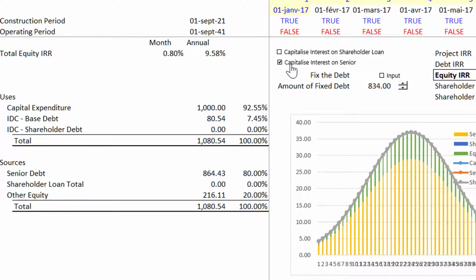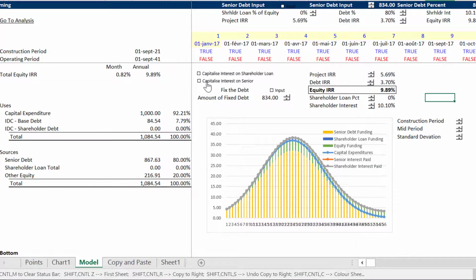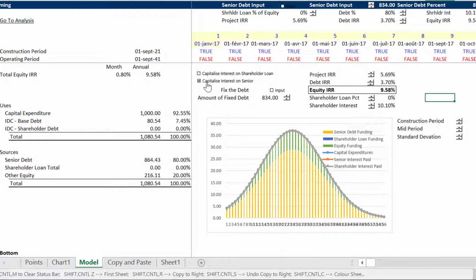When I don't capitalize the interest, I get a little bit higher IDC, and that high IDC makes the project cost go up, I guess.